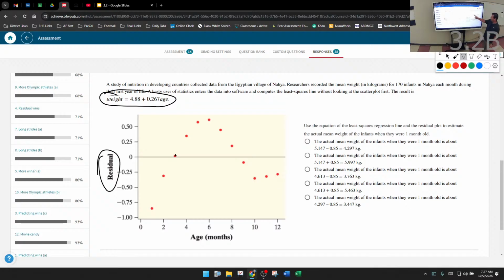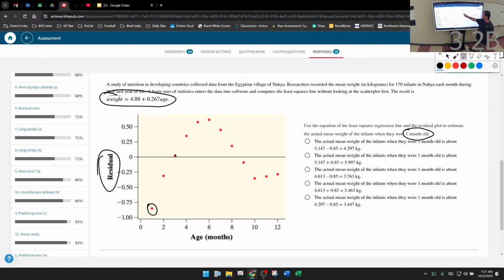Well, they wanted to use the equation of the least squares regression line and the residual plot to estimate the actual mean weight when they are 1 month old. So when they are 1 month old, that comes right here, that's that dot right there, okay? This is going to have to be a little bit of estimation because we don't know exactly what that number is over here, right?